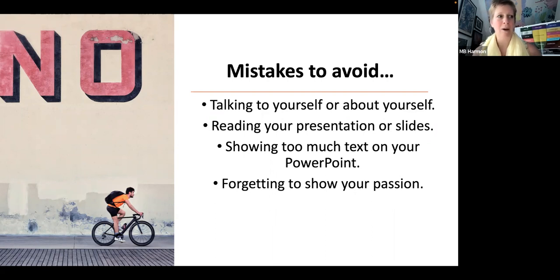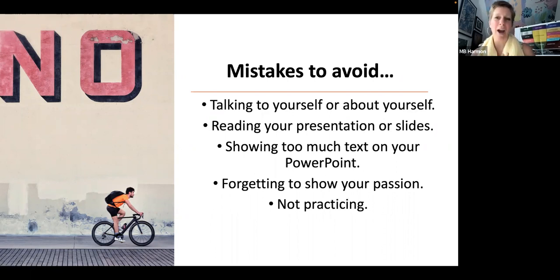The other piece is don't forget to show your passion. People come to these presentations because they want to know why you're doing what you're doing, why you're doing the research that you're doing. So you can really turn that up. You can really talk about that in detail. And you can talk about that with your voice. You can show them with your excitement and your enthusiasm for whatever the topic is.